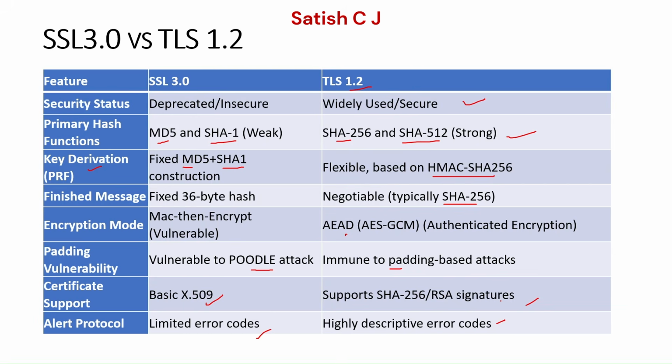So these are the basic differences between TLS 1.2 and SSL 3.0. Otherwise, the entire flow remains the same with respect to Handshake and record protocols that we have seen in our previous slides. So I hope you are able to follow what is Secure Socket Layer 3.0 and how it is different from TLS 1.2. We have understood the entire step-by-step process on how things work with respect to these protocols.